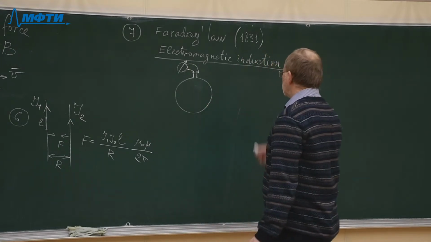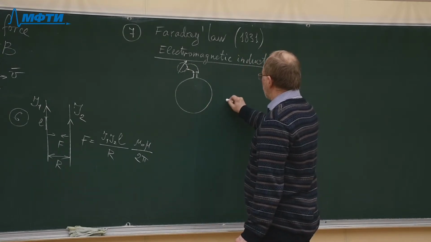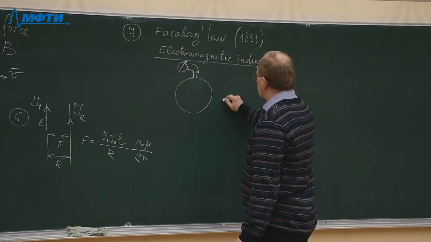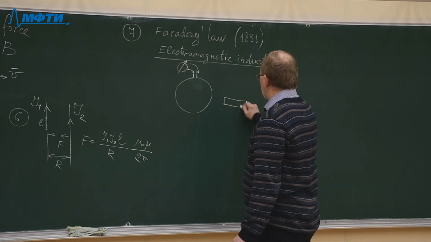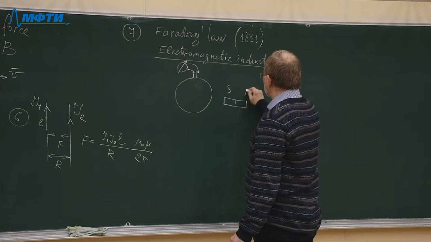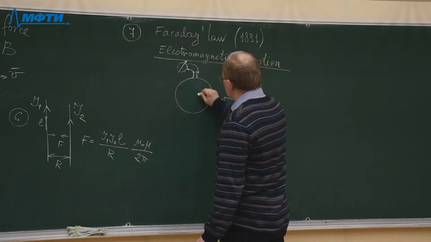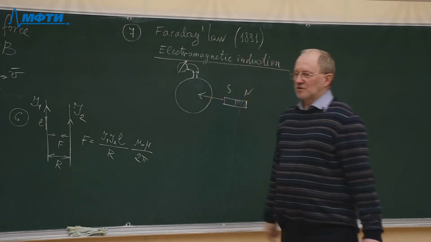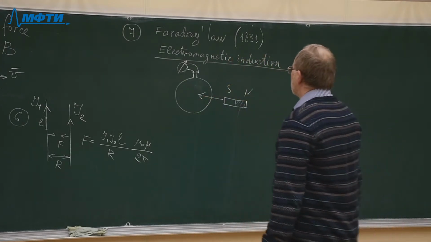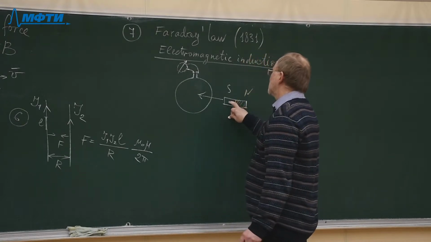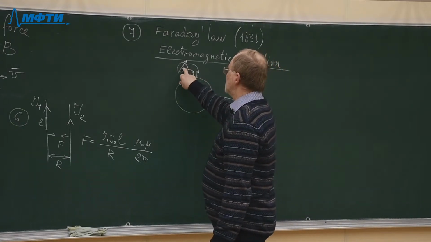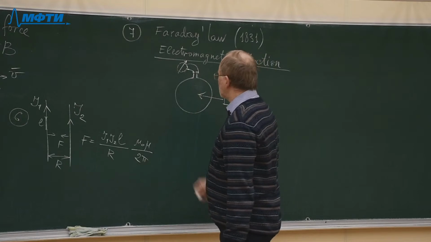But if we take a bar magnet with its south and north poles and move this bar magnet closer to this current loop, then while the bar magnet is moving, the galvanometer will show some current.